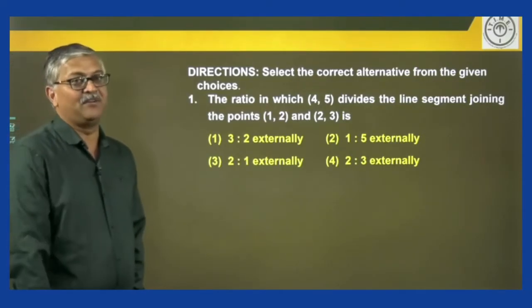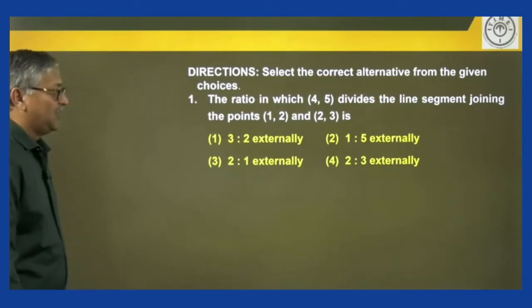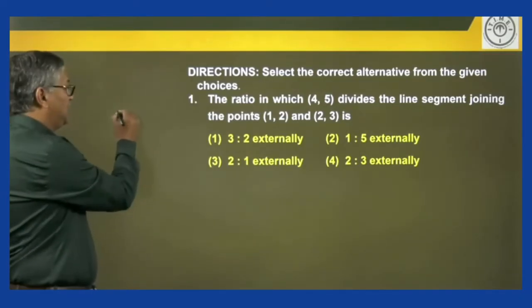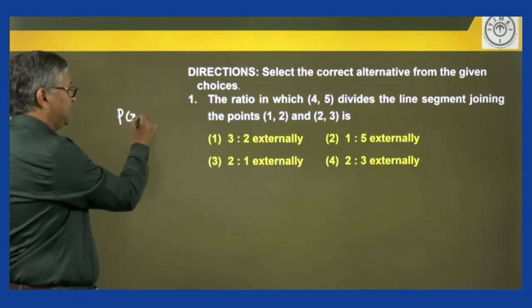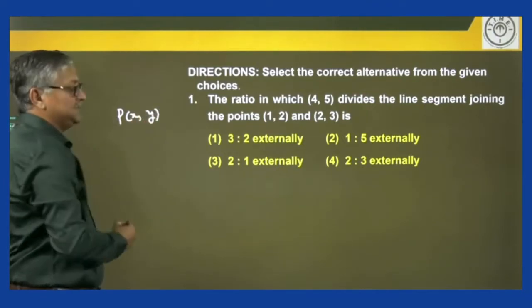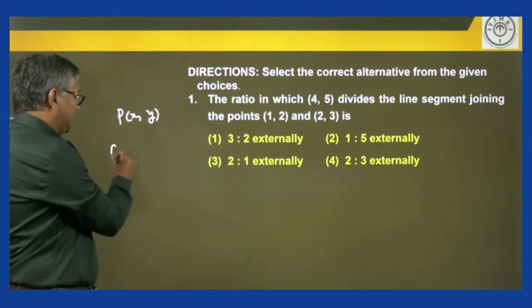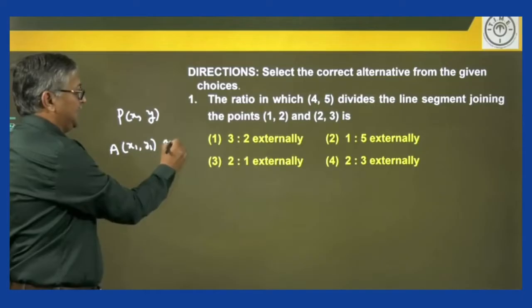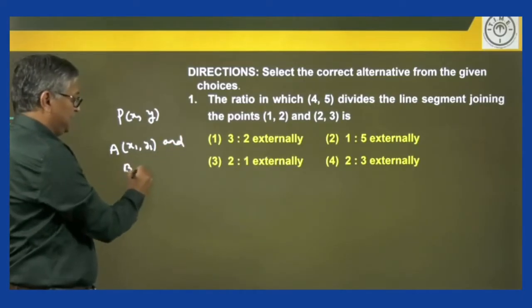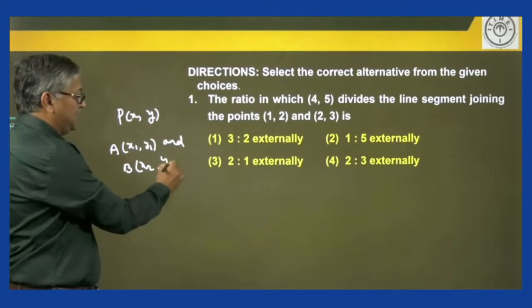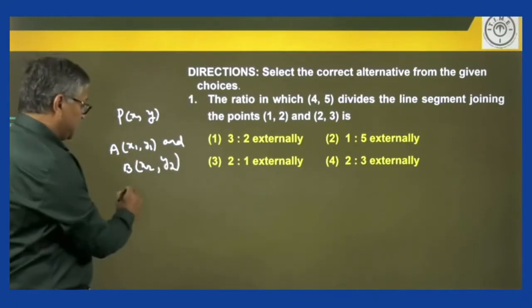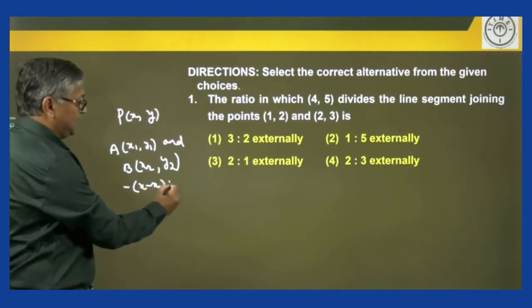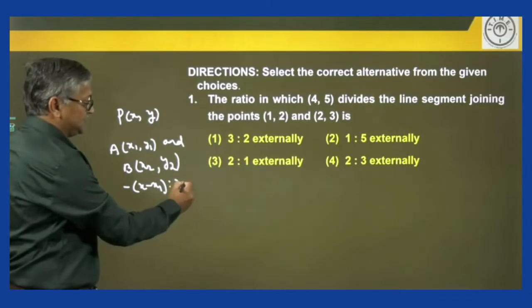This is a direct formula application. What is the formula to apply for this type of question? The direct formula is there. If P(x, y) is a point that divides the line joining points A(x1, y1) and B(x2, y2) in the ratio of minus of (x minus x1) is to (x minus x2).